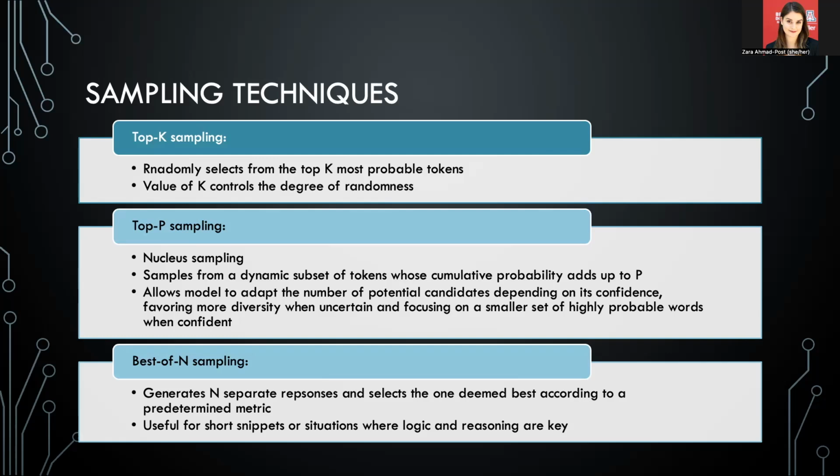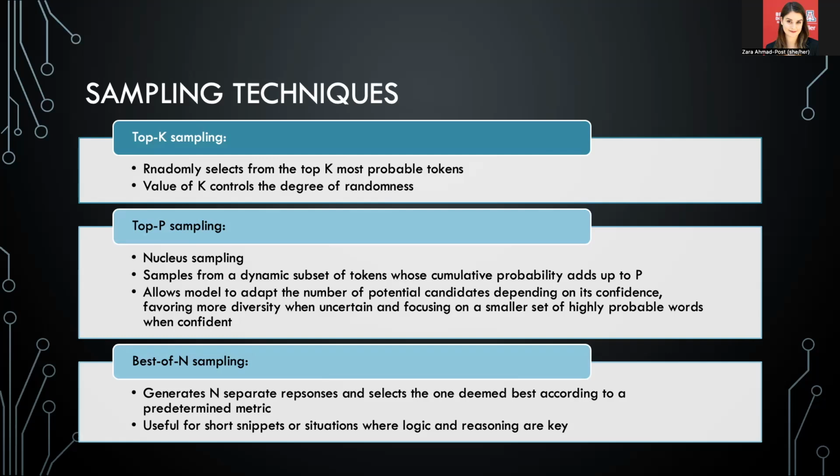Then we have best of n sampling. So that's going to generate n separate responses and then select the one that's deemed best according to some predetermined metric. Those metrics could be diversity, homogeneity, something.